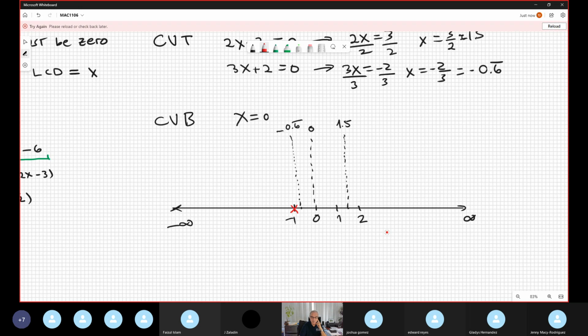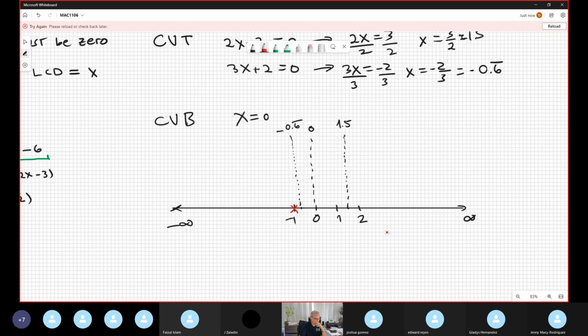Between negative 0.6 and 0, you can take negative 0.5, 0.3, or negative 1/3.